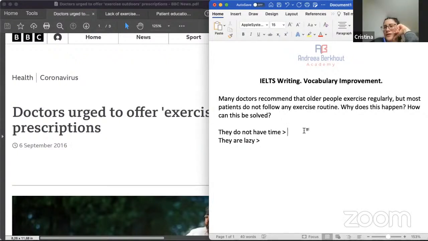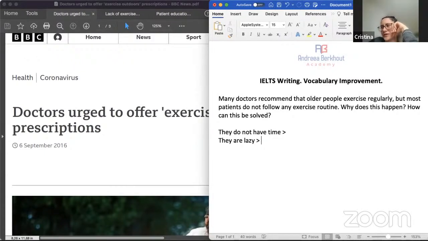Could we say for they're lazy, let's say elderly people, when they get to an old age, they don't pay that much importance to exercise or to stay healthy.